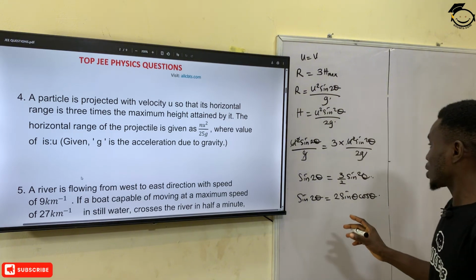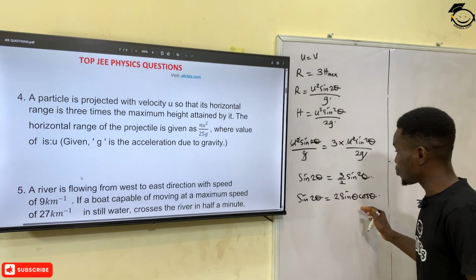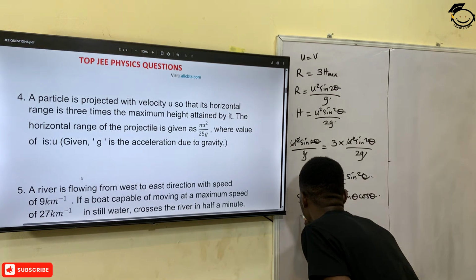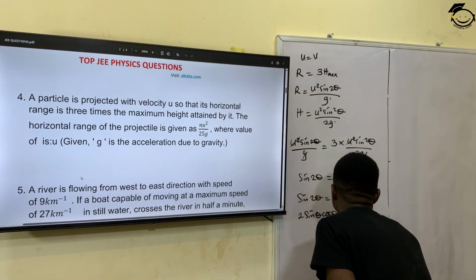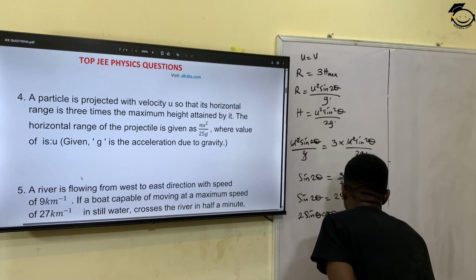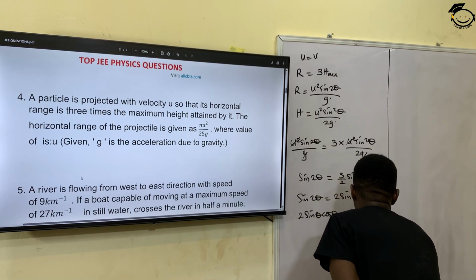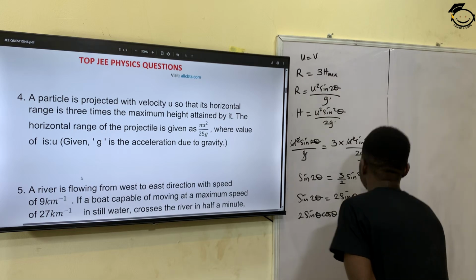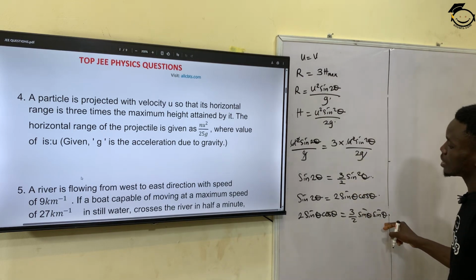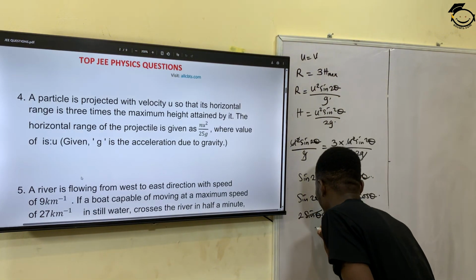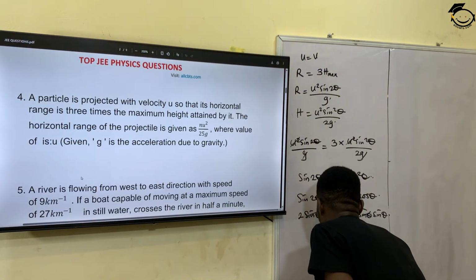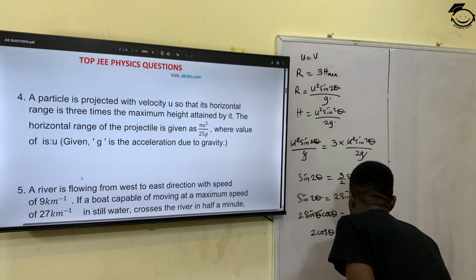So 2 sine theta cos theta is equals to 3 over 2 sine theta sine theta, because sine squared theta simply means sine theta times sine theta. So it means that my sine theta here can cancel out sine theta. It means what I'll be having here is 2 cos theta is equals to 3 over 2 sine theta.